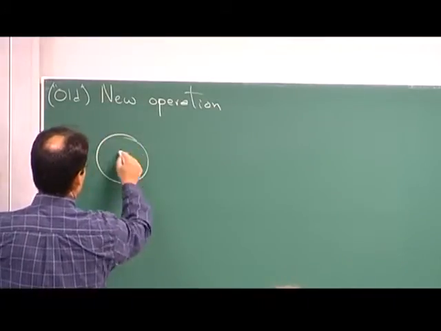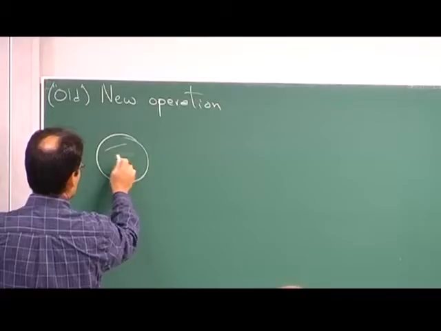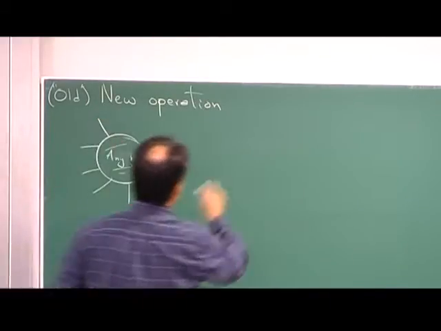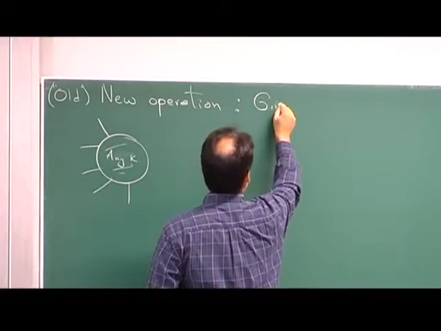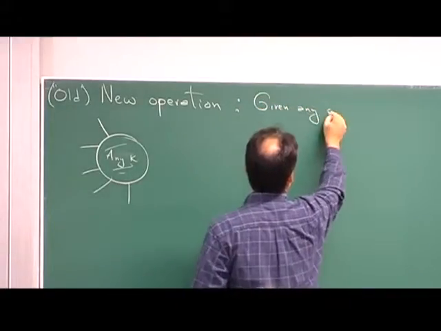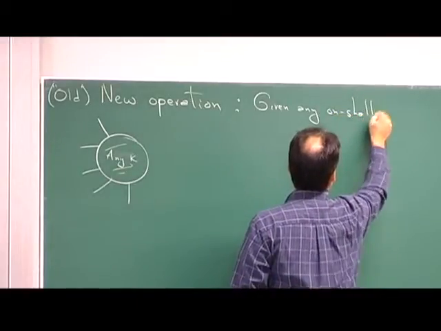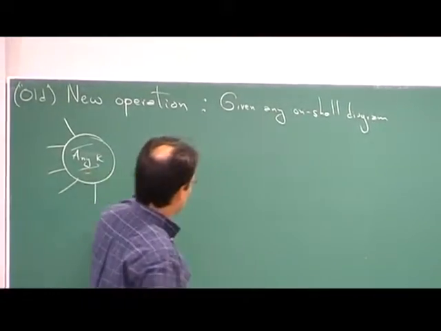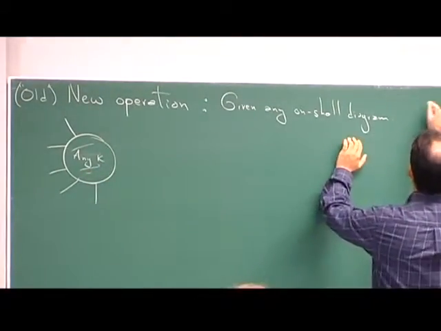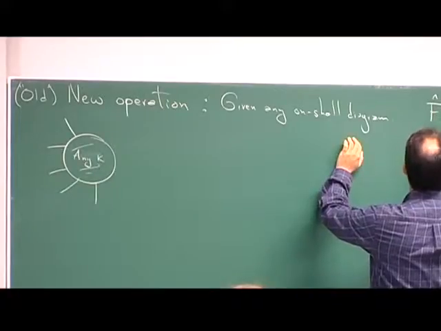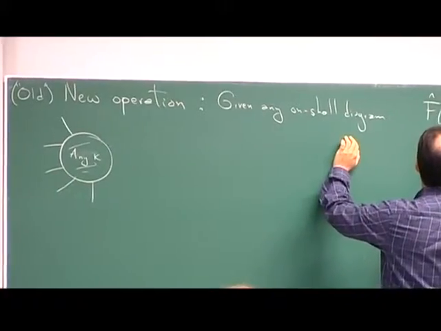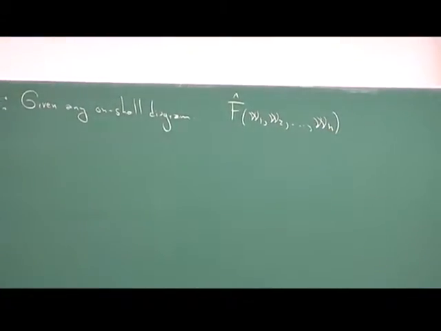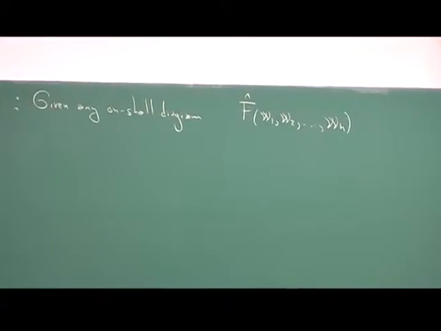Given any on-shell diagram with any k, let me represent whatever value that object takes as some function of dual super twistors, W1 through Wn.